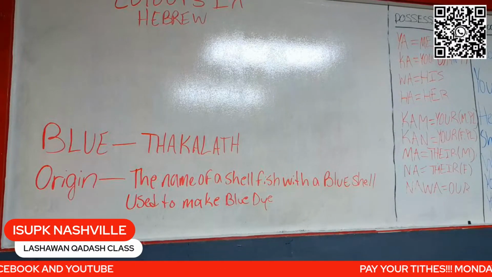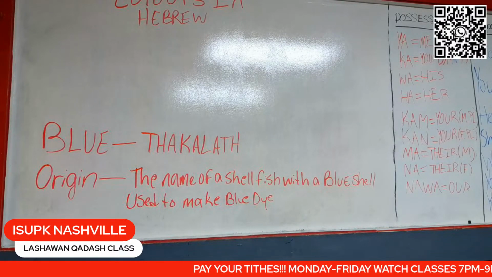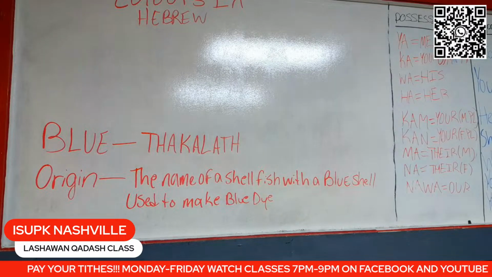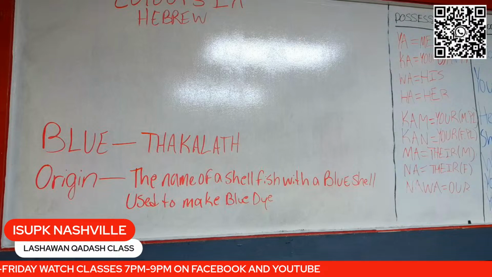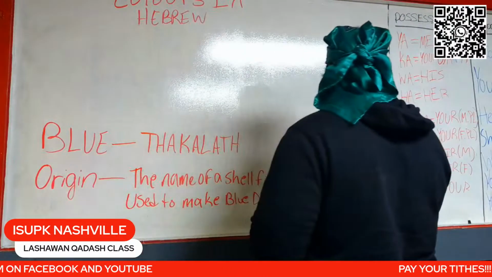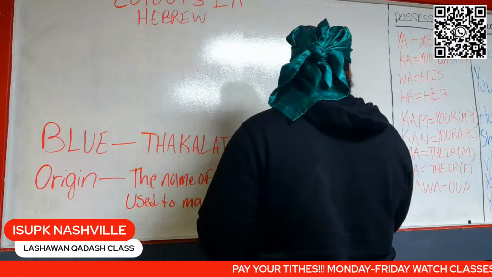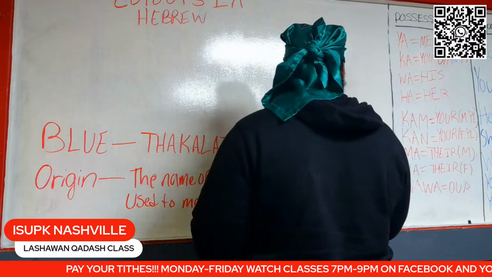So now we're gonna write it out in the Assyrian. So it would be Tha, Ka, Laf.